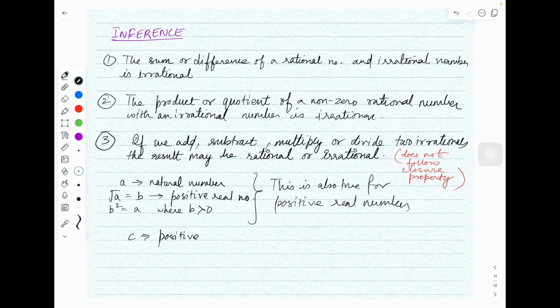Then root C equals D, so we can write D square equals C, where D is greater than 0. The same thing that we are doing with natural numbers is also applicable for positive real numbers.